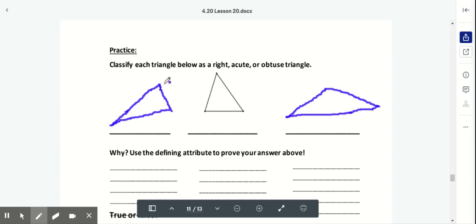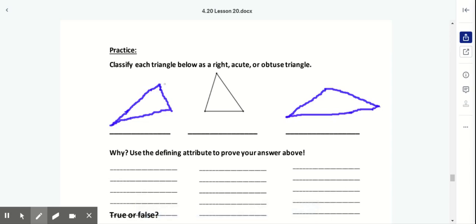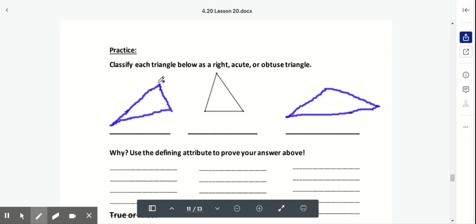One way to tell if there is a square there is if we put an edge of a piece of paper in between there. Will it fit perfectly? The answer is yes. So that tells us that we have a right angle here. And our other two angles are acute.